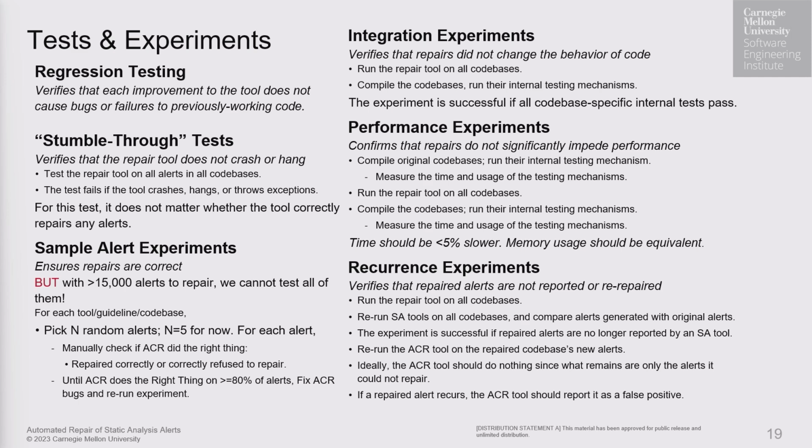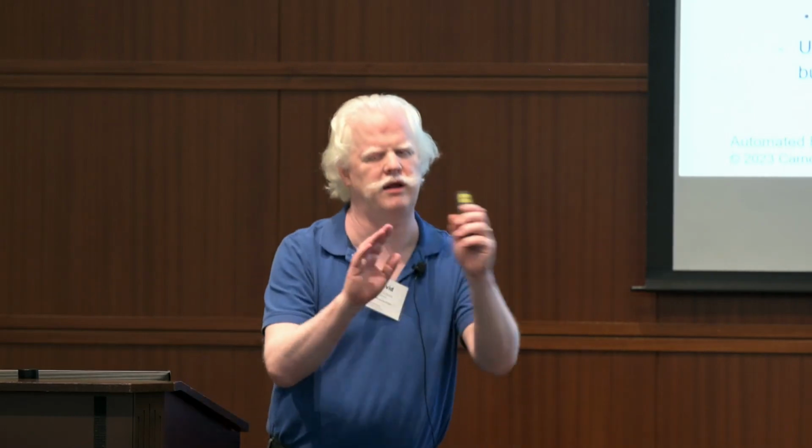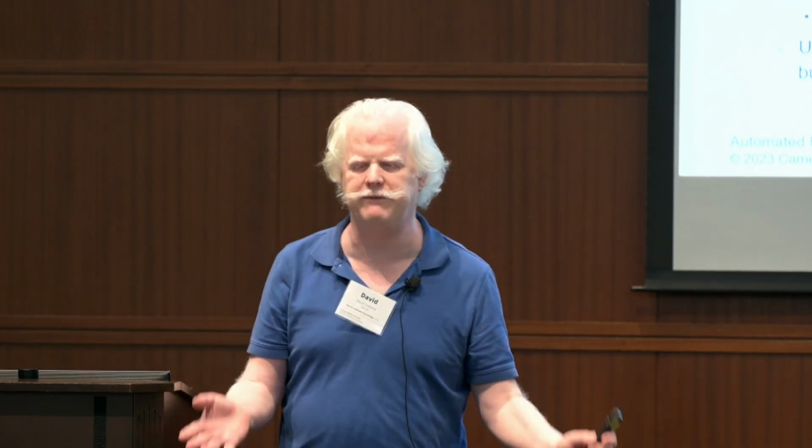So that's the deluge again hitting us. So instead of trying to repair all 15,000 or looking at them, we basically just picked 5 alerts from each bucket and made sure that of those 5, at least 4 of them are repaired, or either repaired or recognized as false positives. The argument being that instead of having to look at all 5 alerts, you only have to look at 1 or 0. Ideally 0, but 1 is good enough.